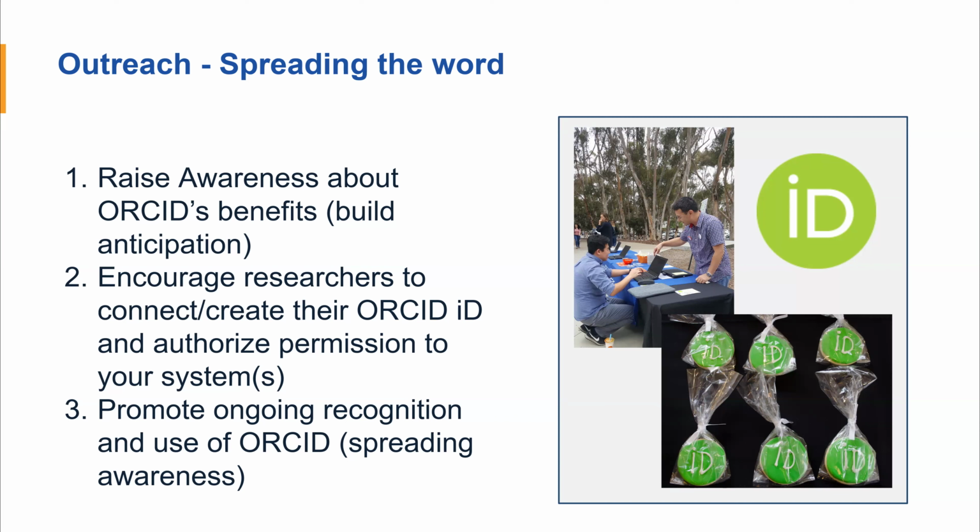You also want to encourage researchers to connect and create their ORCID ID and authorize permission to your system. So essentially, your organization will become a trusted party in their ORCID record. And like I mentioned, this is ongoing work, so an ongoing recognition and use of ORCID at your organization.